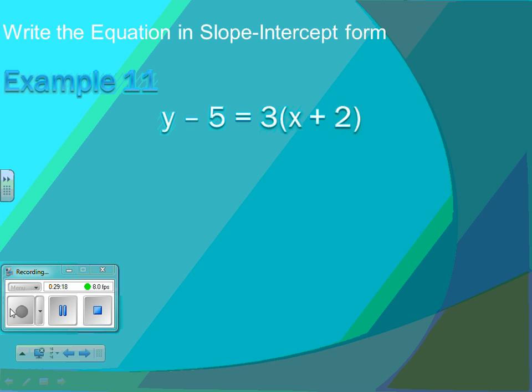Parentheses. What do I mean by parentheses? You got to distribute the 3 to the x and the 3 to the 2, and then from there you have to play your game.